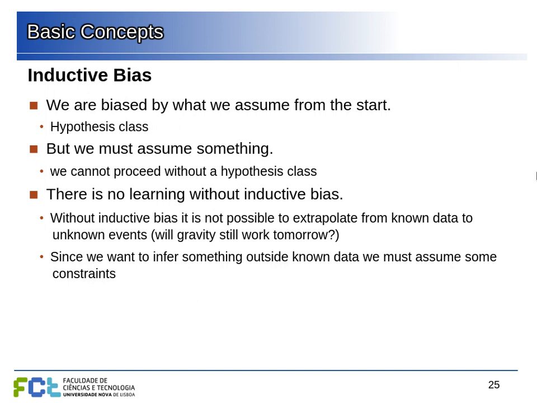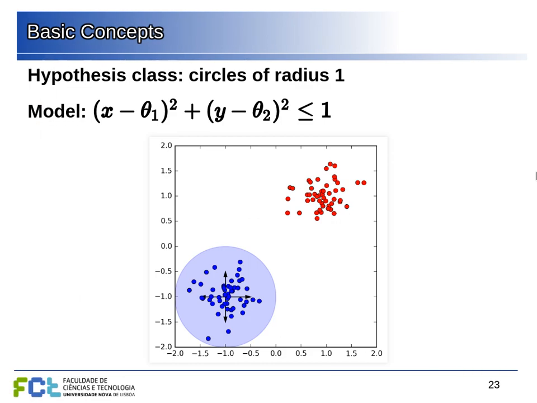In general, if you want to infer outside the set of data that you have, you need to assume that some things will still remain constant, or that there are some limitations to what can happen outside. So, in these cases, we can only extrapolate from this set of data to other new points that come later if we assume something that remains constant between the different stages or the different data that we're going to get.